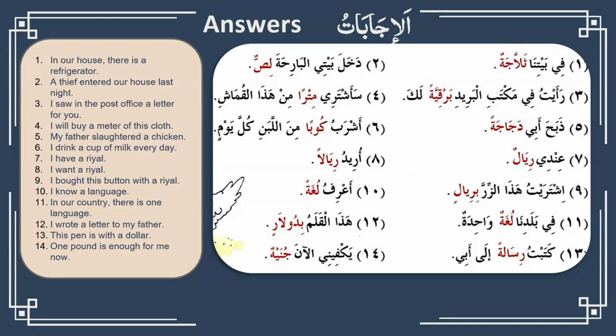Kuban is mansub, kubaini. And riyalun is marfu, so we will go riyalani. And riyalan is mansub, so riyalaini. Number 9, riyalin is majroor, so riyalaini. Very good. Lugatan is mansub, so we'll go lugataini.